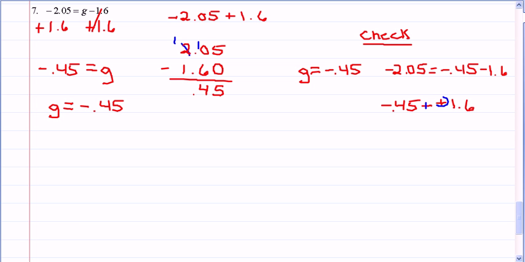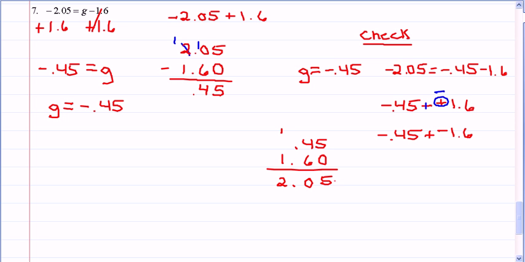I use keep, change, change, so that I have negative 0.45 plus a negative 1.6, and now I'm adding two negatives, so I take 0.45 and 1.6, but I have to add a 0, and I have 2.05, but because I was adding two negatives, it's negative 2.05.